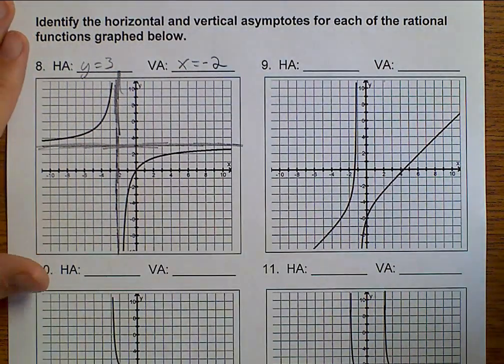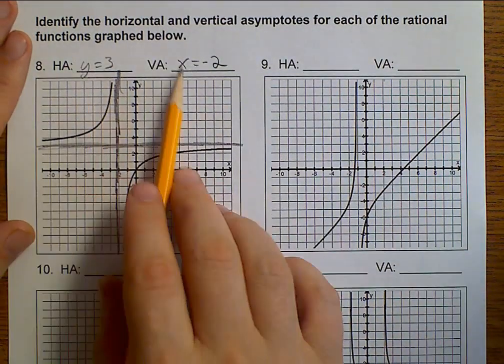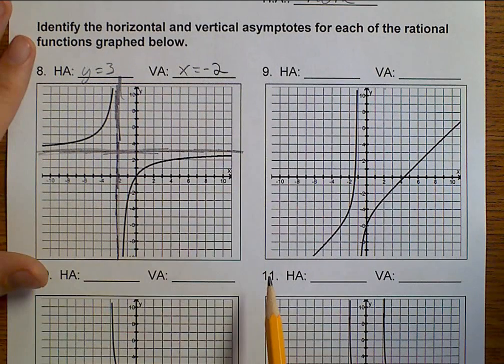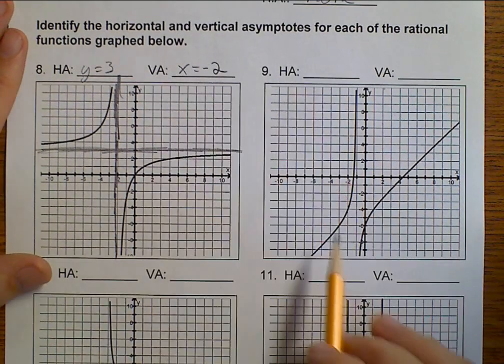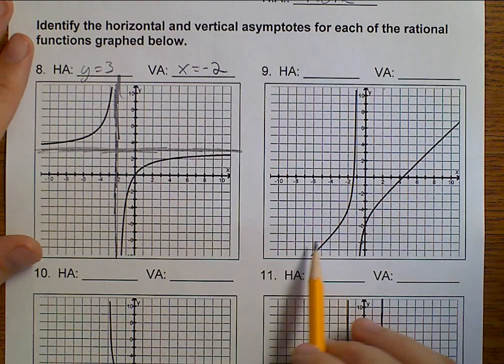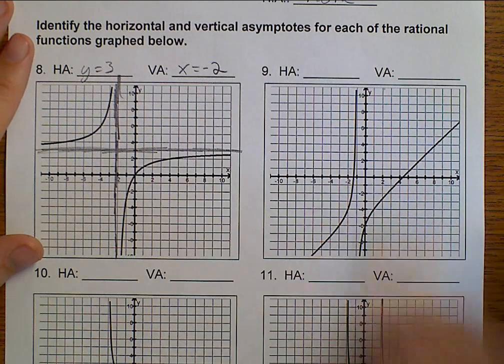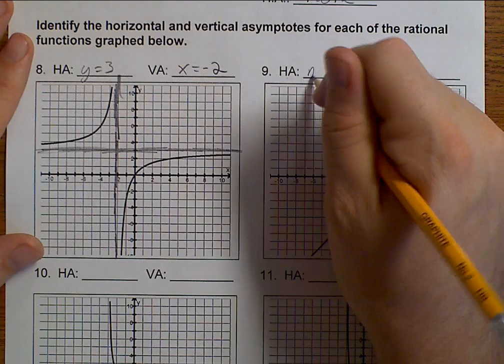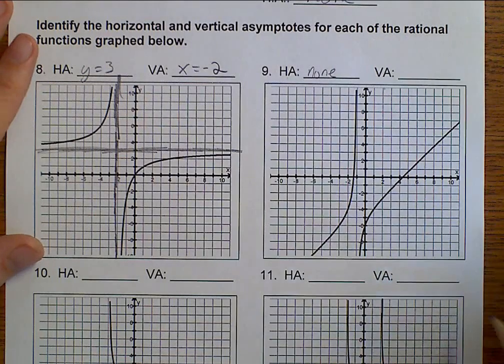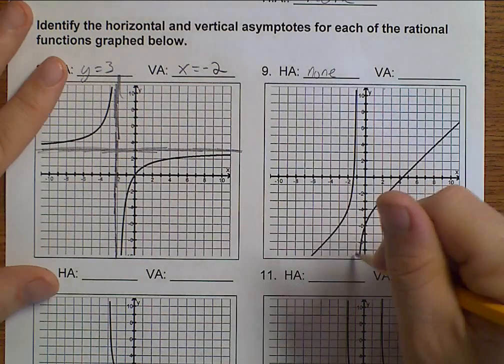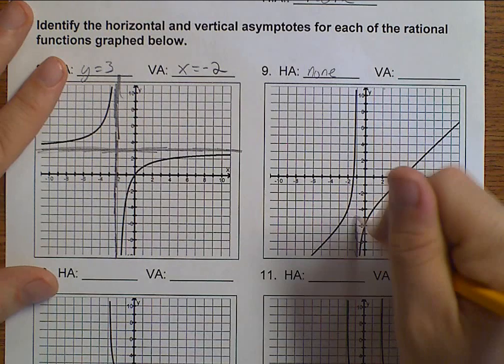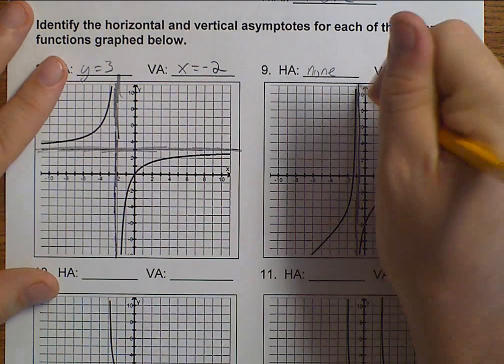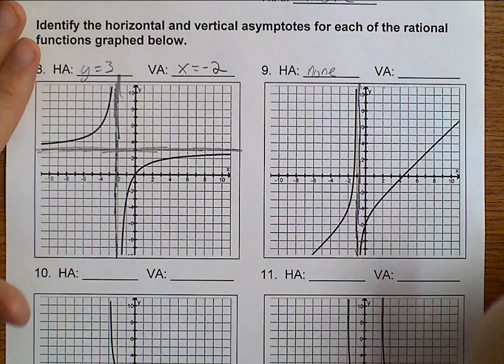It's important that you put the y equals and the x equals. Now horizontally, well, there is no horizontal asymptote. And vertically, we never cross that line, so x equals -1.